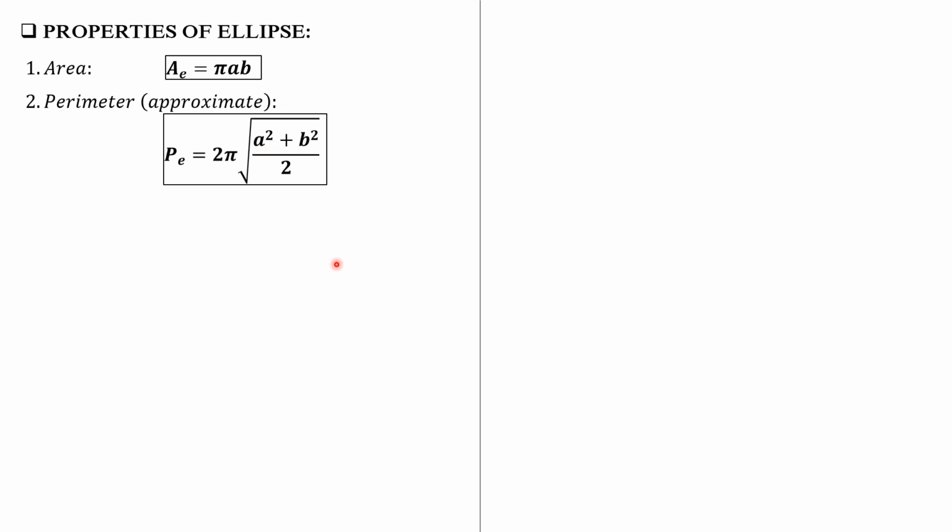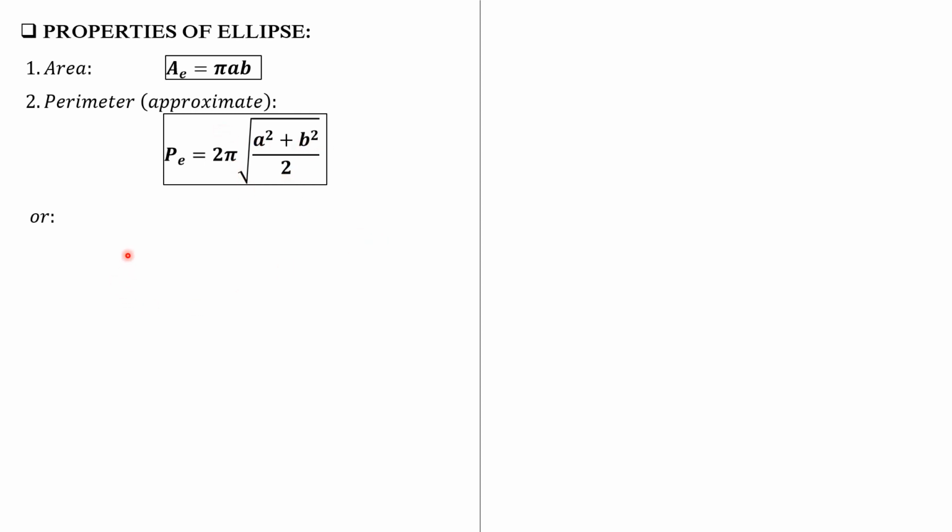Then another formula, this is approximate, but I think this is more accurate because it involves 3 terms. So it is 2 pi square root of a squared plus ab plus b squared all over 3, because there are 3 terms in the numerator. But you should just be familiar with, or memorize, the approximate formula for the perimeter or circumference of an ellipse, 2 pi square root of a squared plus b squared over 2.